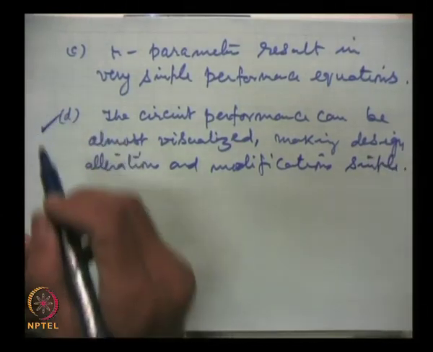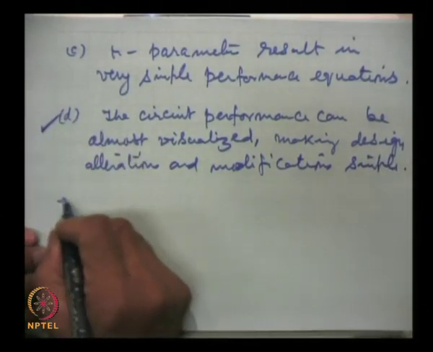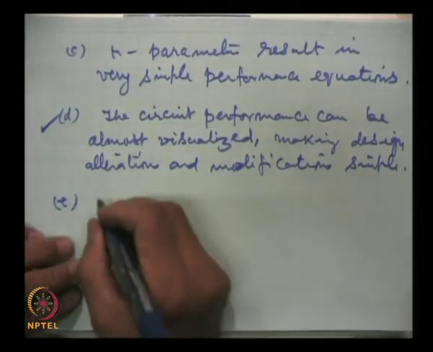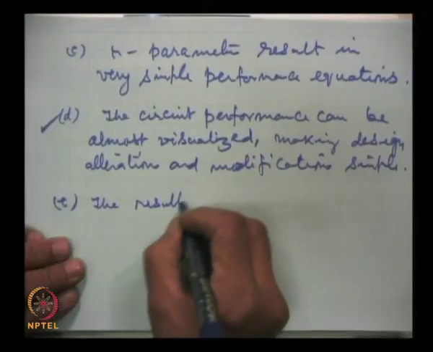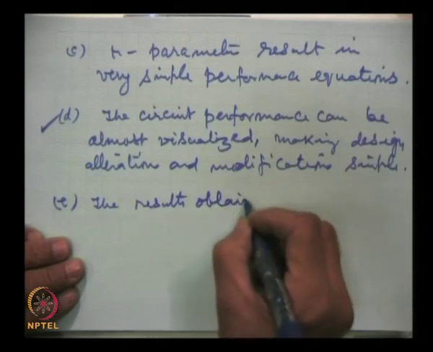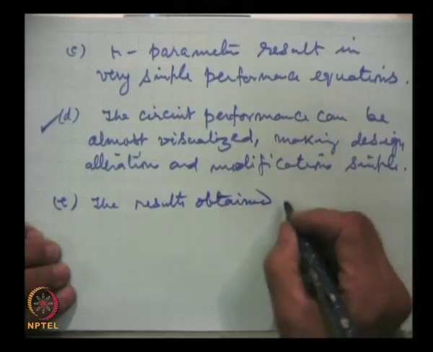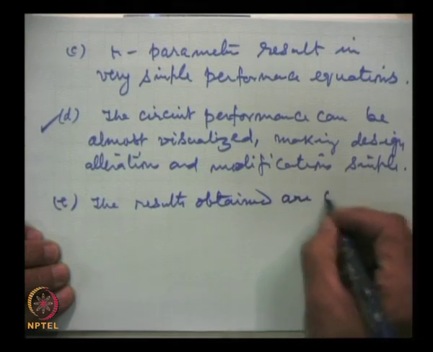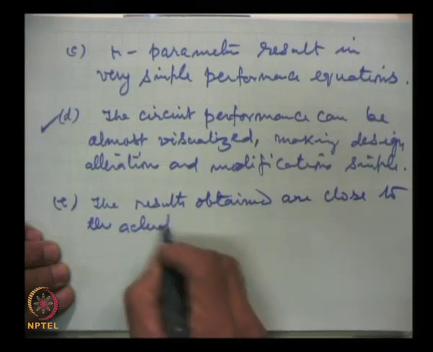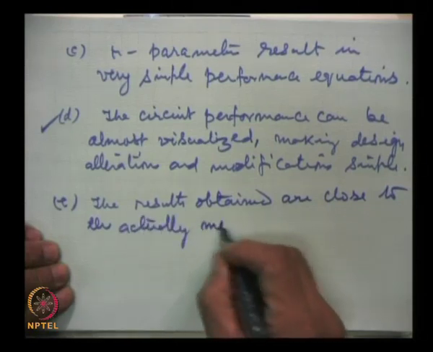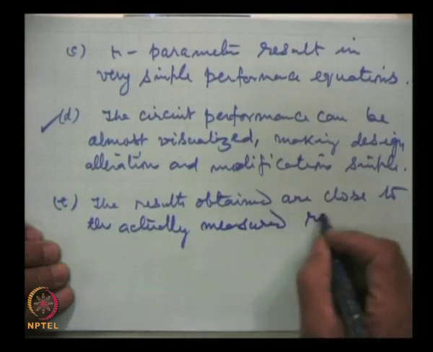This is very important. And lastly, the results obtained by R parameter analysis are very close to the experimentally observed results. That is, the results obtained are close to the actually measured results.